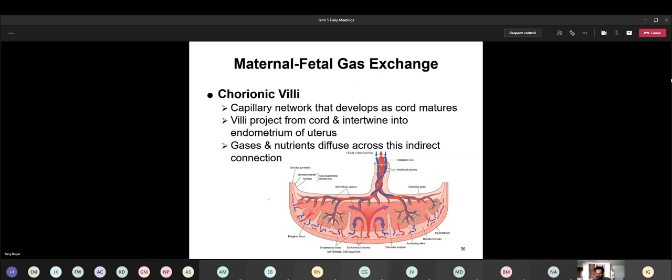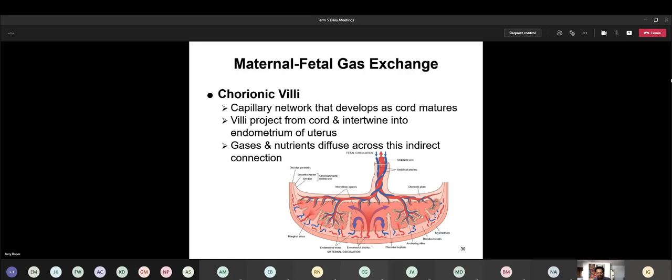Now, if you read in Egan, it will tell you that the O2 that's available for gas exchange is not going to be that much, unfortunately, but it'll be enough to sustain the fetus.